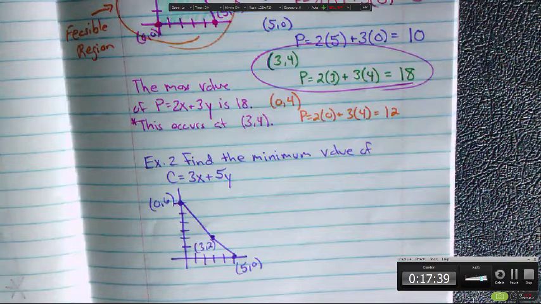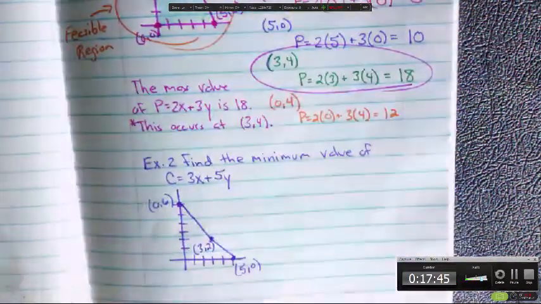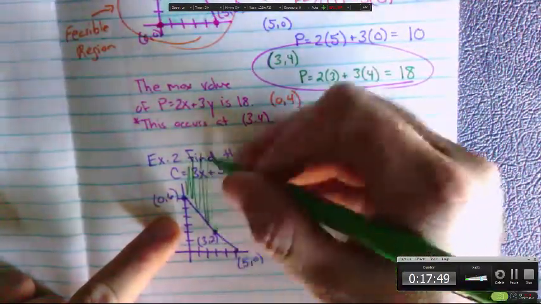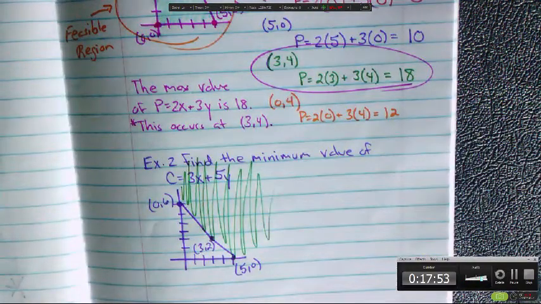Yes, ma'am. No. Because we're talking about a cost. So if you're a business, your cost is going to be out here. So what this would be represented would be is you have to spend at least this much money on this, but there's no limit above.